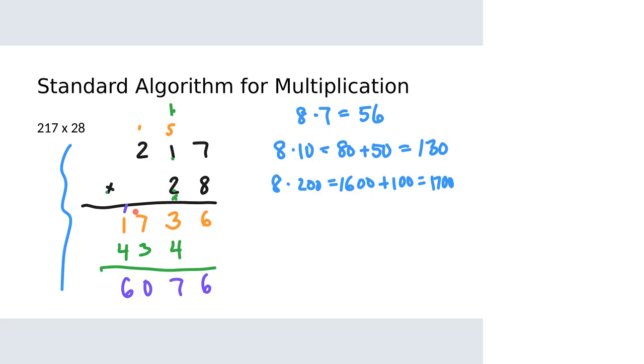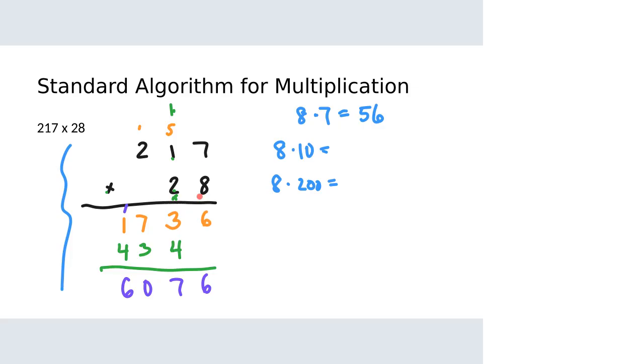Just a reminder of what we're multiplying each step along the way. I'm going to get rid of some of this over here on the right because I want to emphasize what we're getting when we just do the multiplying. Yes, we're adding that extra step on, but a question that your book likes to ask, that I follow along with, is what is it that we're multiplying in this step?